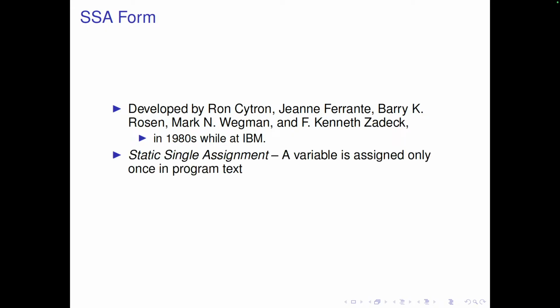So what does static single assignment mean? SSA, static single assignment. The meaning is that when you write a program, you assign a variable only once in your program. Your hands are tied. You cannot assign the same variable twice in program text.